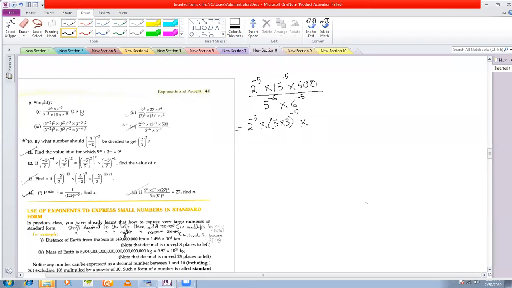All the bases we are prime factorizing. 500. What is the prime factor of 500? So what is this? 2 square into 5 cube.